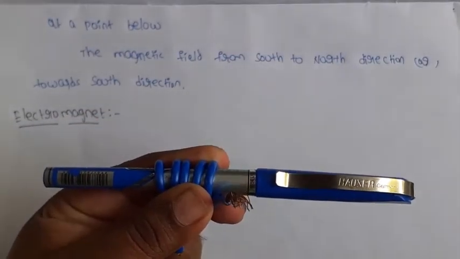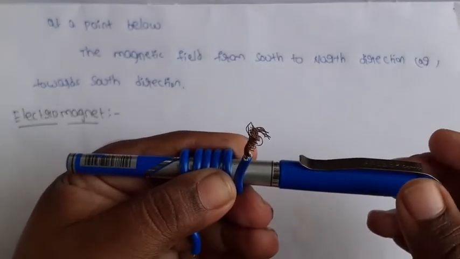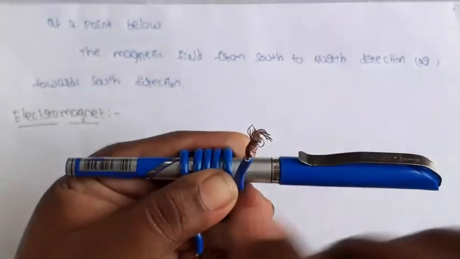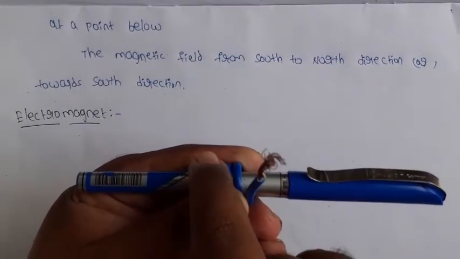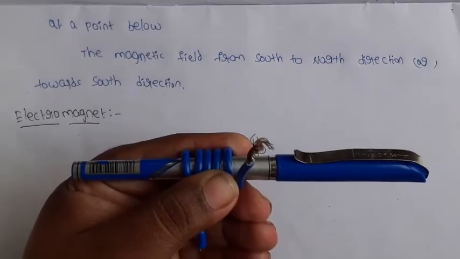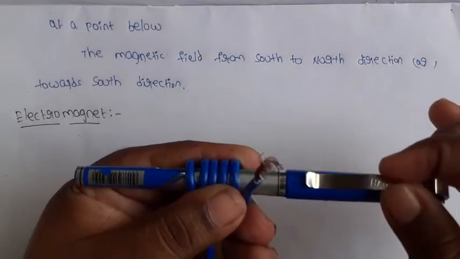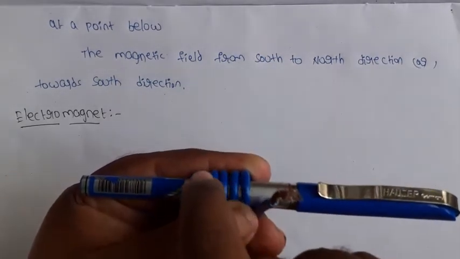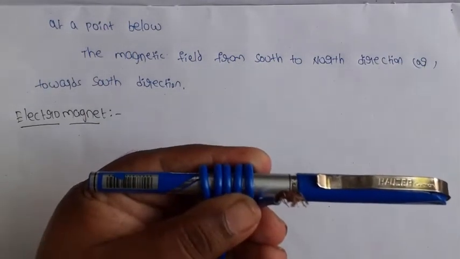The definition of the electromagnet is, if the soft iron core of a solenoid is named as the electromagnet. Okay, do you understand? The soft iron core of solenoid is called electromagnet.